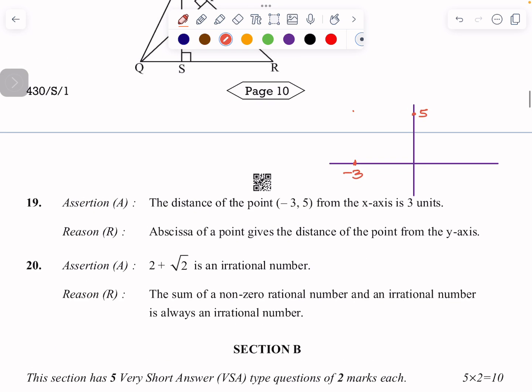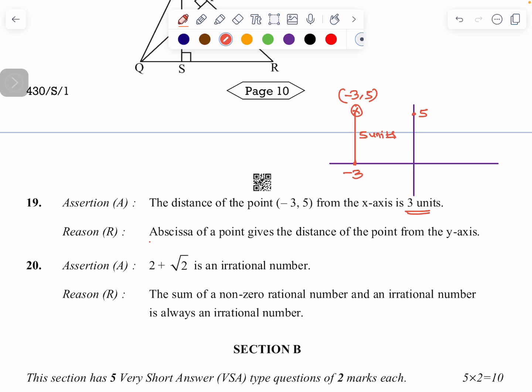So you get this point, minus 3 comma 5. We need the distance from the x-axis. How many units is that? 5 units, which is equal to the y value. But 3 units is given here, so this is not correct. So the assertion is false.